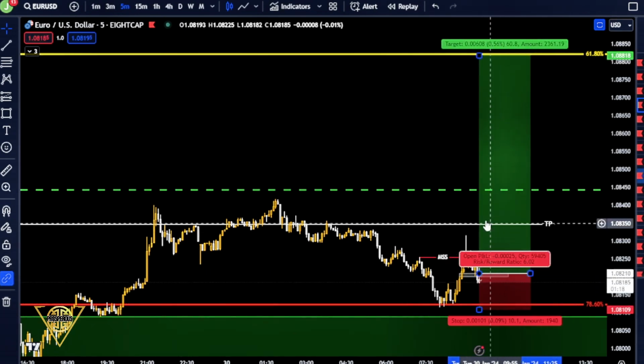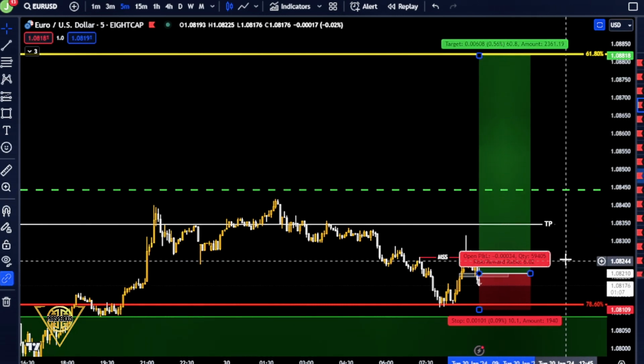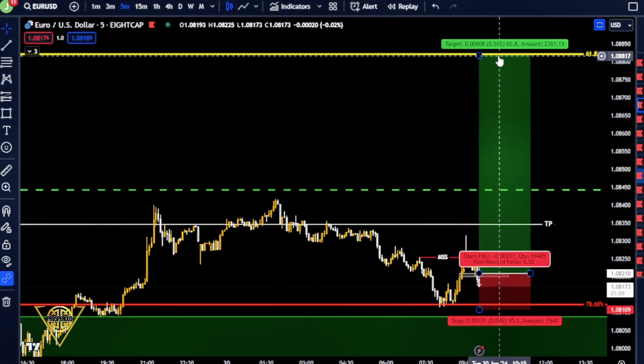So I'm putting one take profit at 1.08340, just to be safe, and I'm leaving a runner, or closing it, at 1.088.